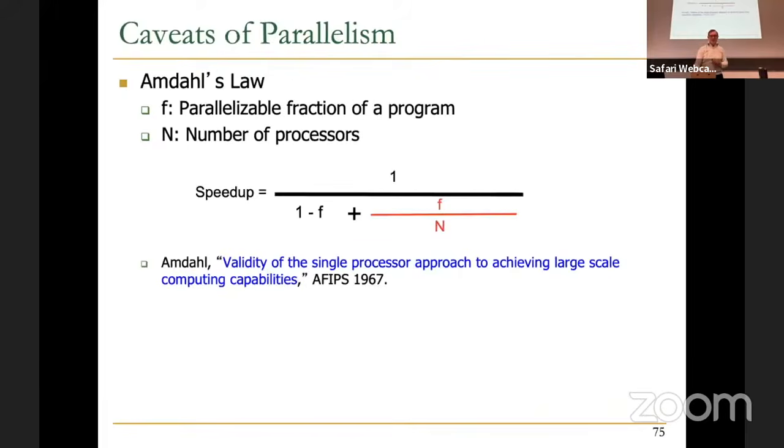Okay, so this is Amdahl's law. Essentially, this says your speedup is limited by the parallelizable fraction of the program. We're going to see this more, but before that, essentially, you have a parallelizable fraction of a program, F. N is the number of processors. The speedup you get with N processors looks like this. You can make sense of this. I already calculated with particular values: F was 0.5 and N was infinity earlier.